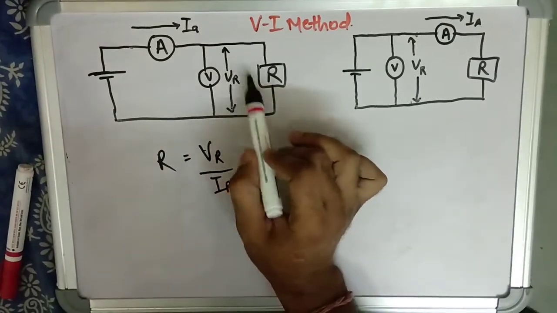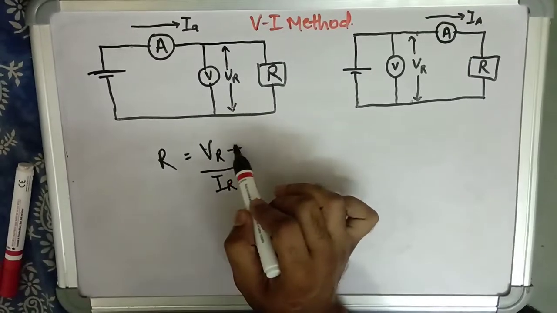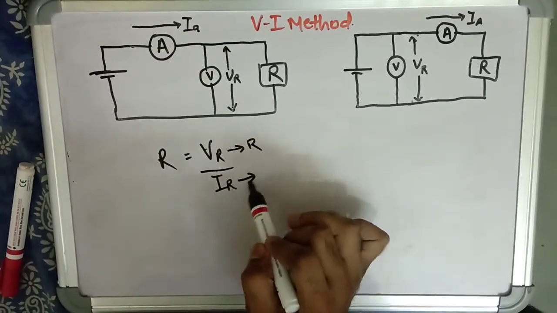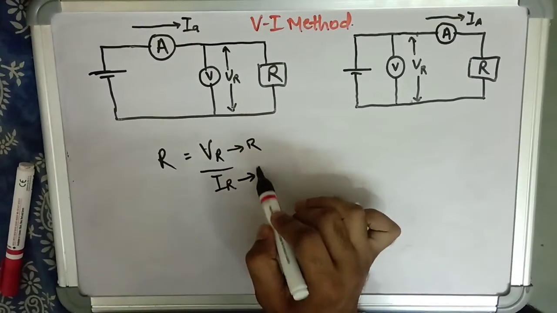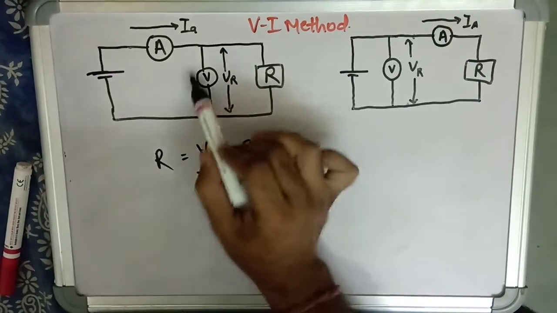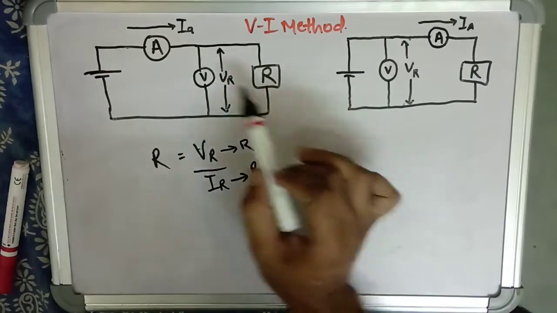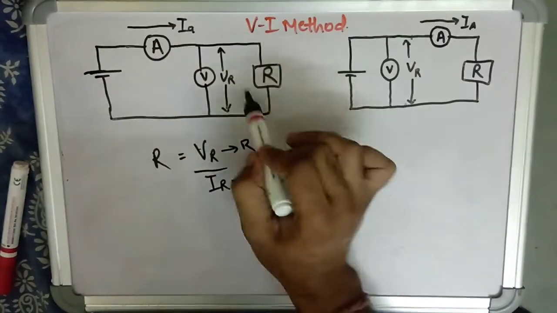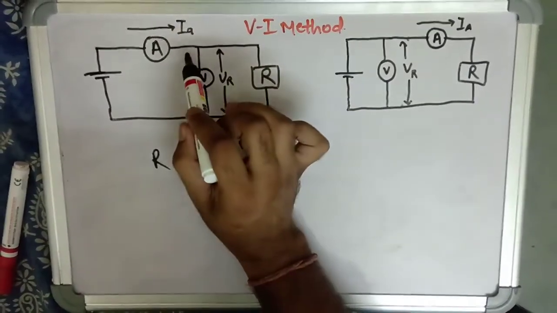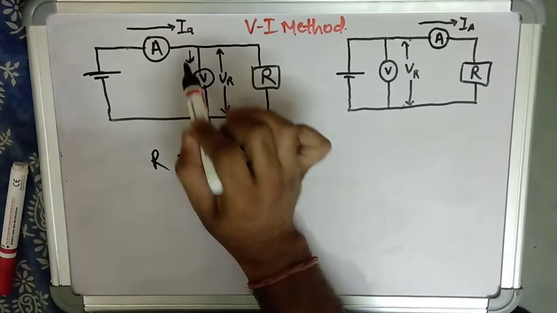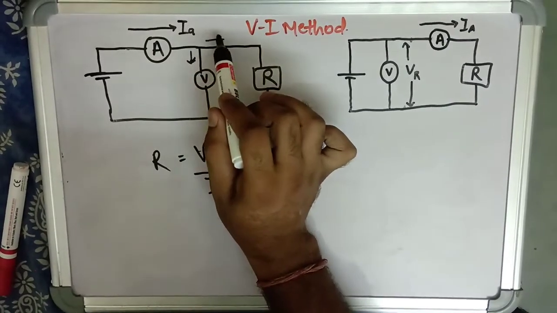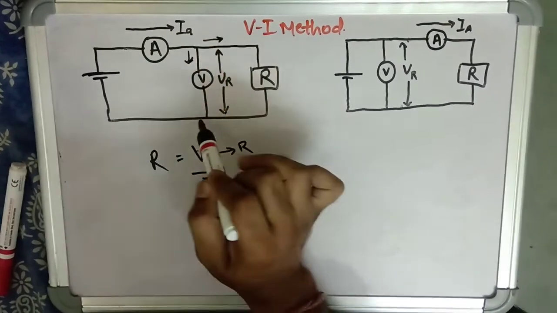But this VR should be across the resistance, and IR should be purely through the resistance. In this case we can see that VR is across the resistance, but IR is not purely through the resistance. Some part of IA goes through the voltmeter line, and some part of IA goes through the resistance.